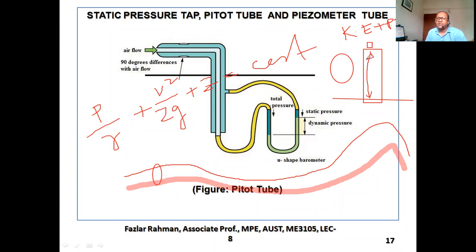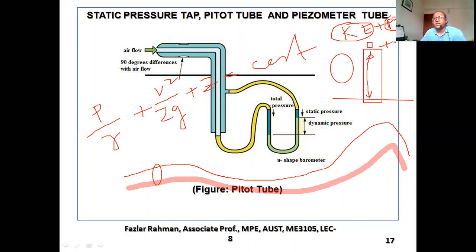Then he has kinetic energy because it is moving, and the kinetic energy depends on the velocity. If velocity is high, kinetic energy will be high. Now he has one more energy: inside the cylinder you have some fluid and it has a pressure.